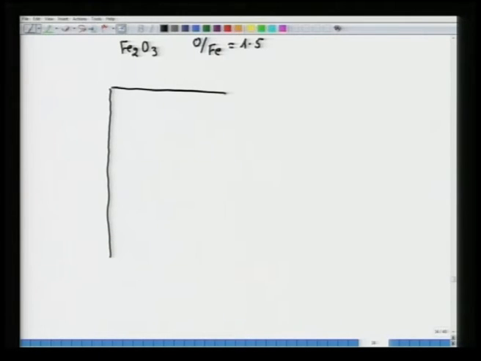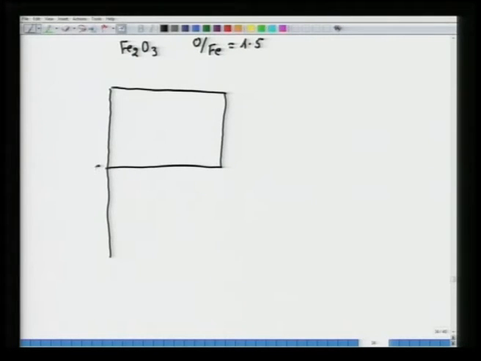We know that for Fe2O3, when Fe2O3 is a part of the iron ore, that is iron oxide, then O by Fe is 1.5. So, now if we plot it, this is the plot.